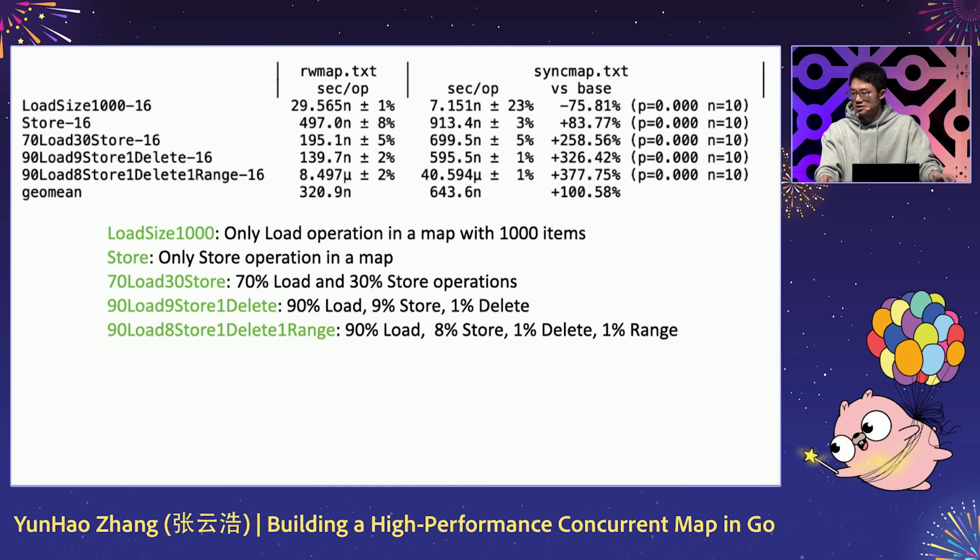As we can see in the results, if you want to read and write the map at the same time, the sync.Map is not a good choice. Its performance is even worse than a built-in map guarded by a read-write mutex. The sync.Map is only faster in the load-only case.